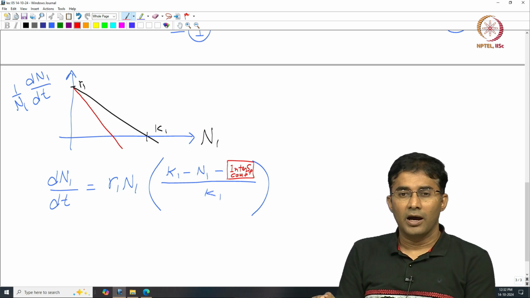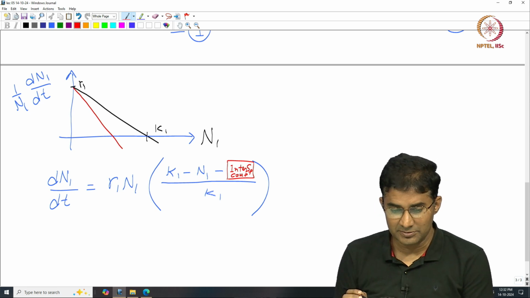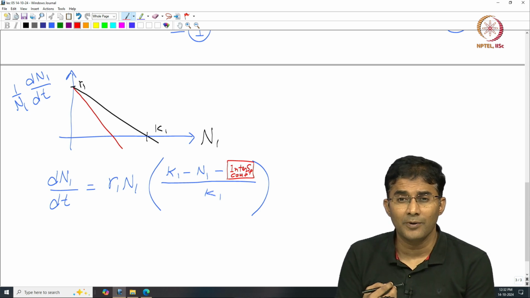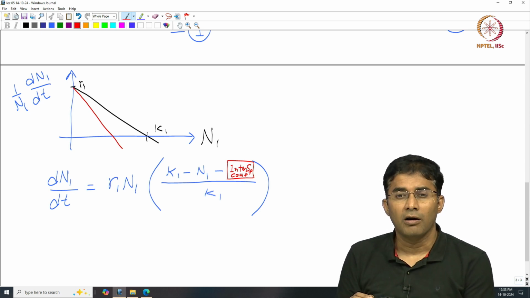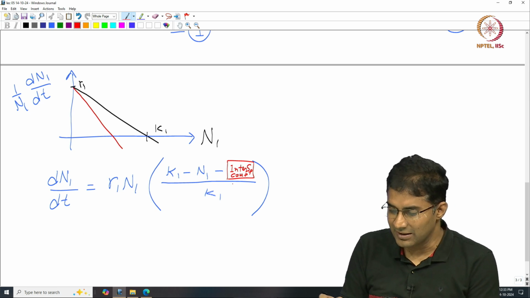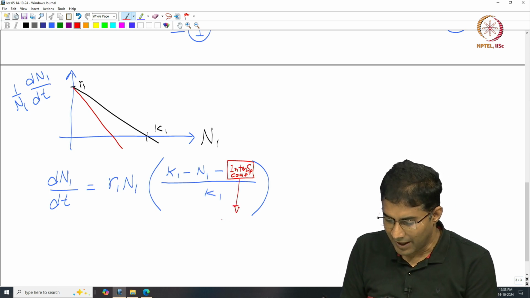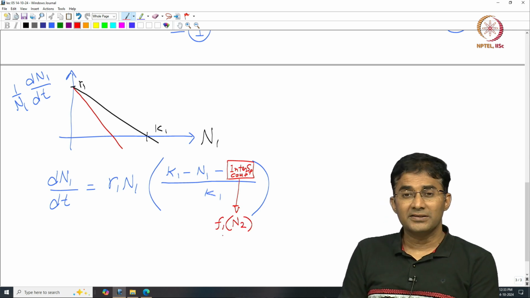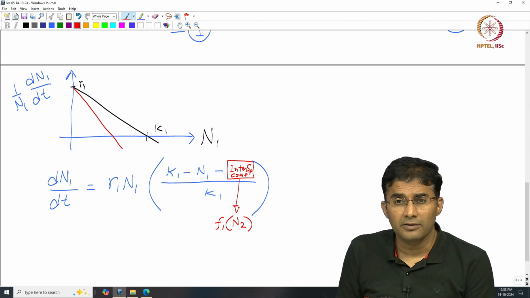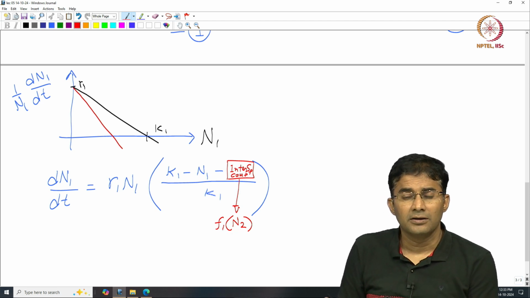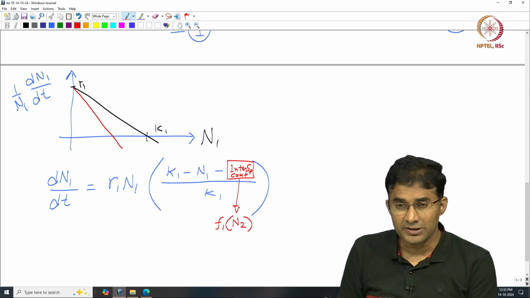Okay. And we will make one further assumption that the effect of species 2 on species 1 is a linear function of species 2. So, basically what I am trying to say is that if I denote this as f1 of n2, it is the species 2 population that is affecting the species 1's growth rate. Okay.